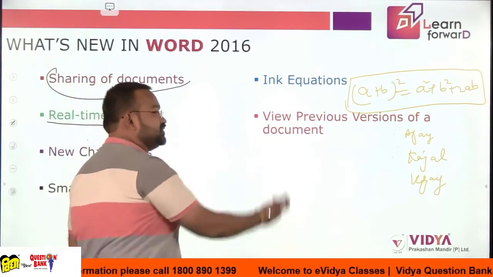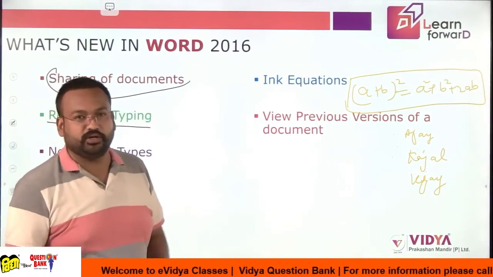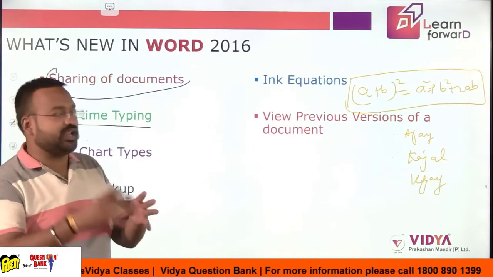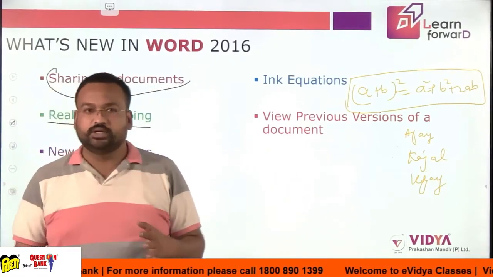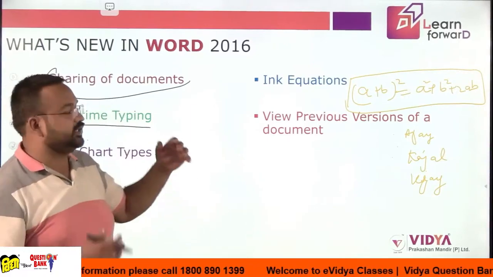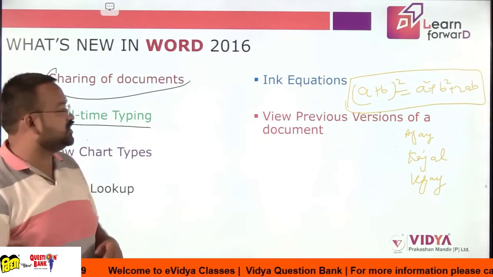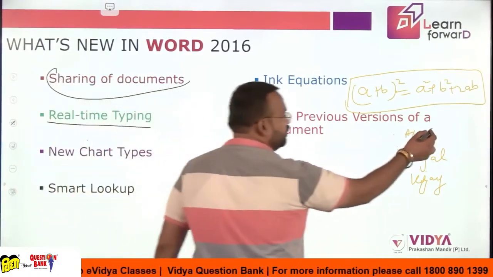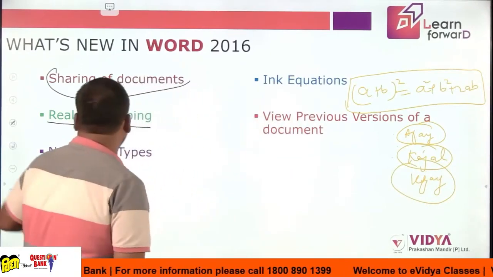With the help of this feature, you can see who has made changes to that particular document. Whenever there is a change by any of the co-authors, that would be a new version, and you can directly check which version contains the updated data or what changes were made by any of these persons. So this is one of the features.